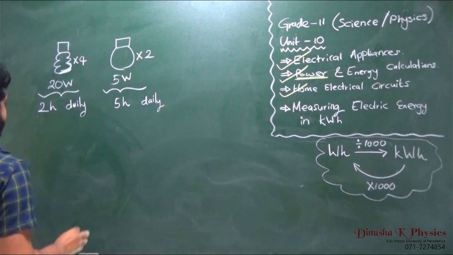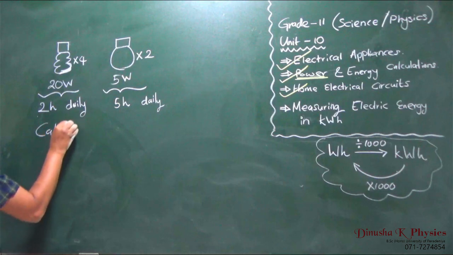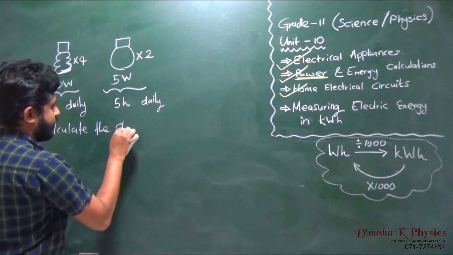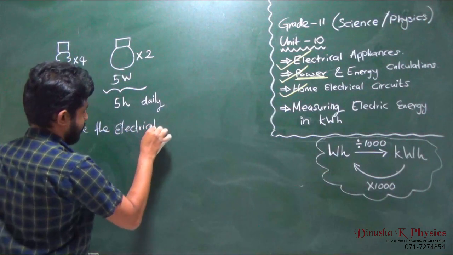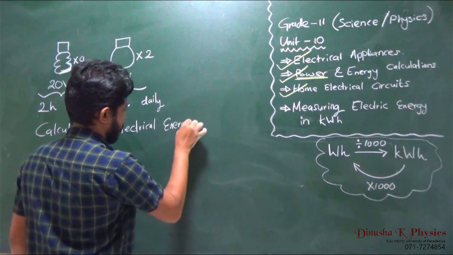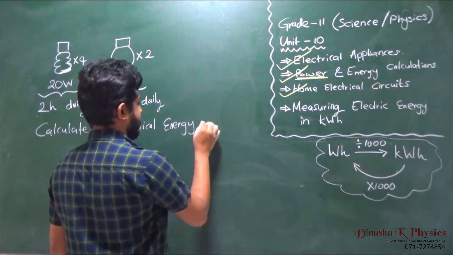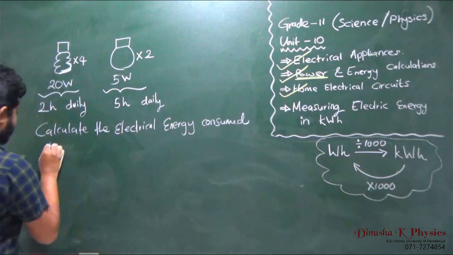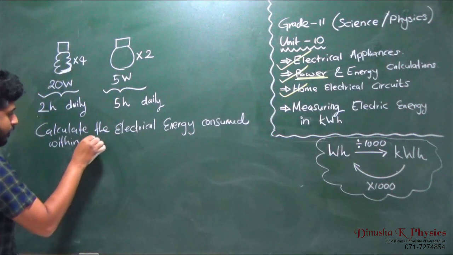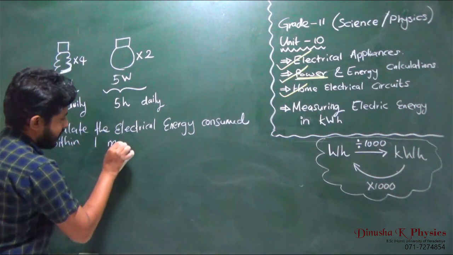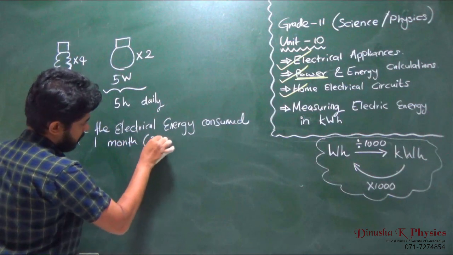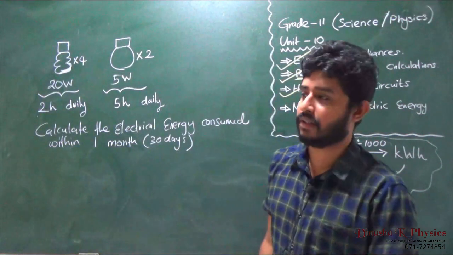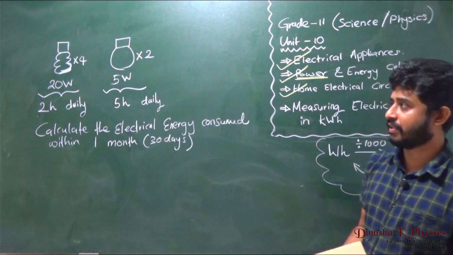So let's calculate the electrical energy consumed within 1 month, that means 30 days. දවස් 30කින් එක මාසයකට කොච්චරක් units consume වෙනවද කියලා අහන්න.